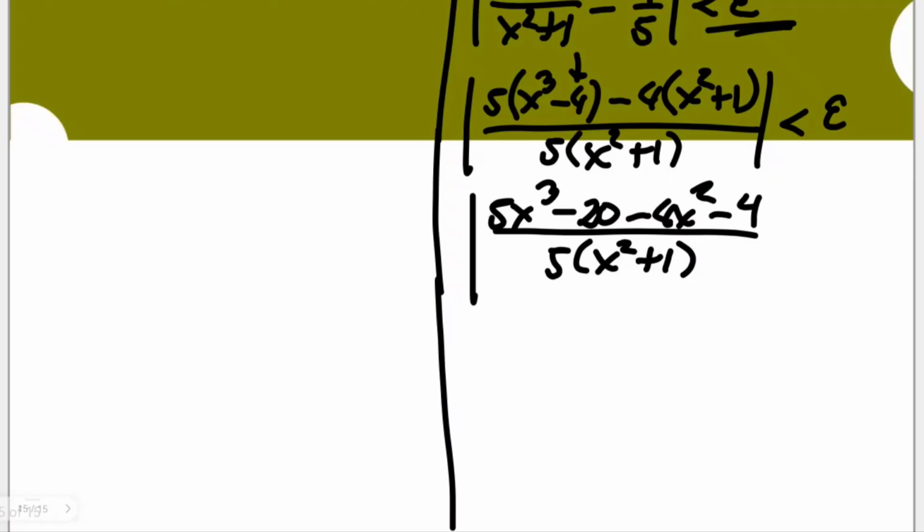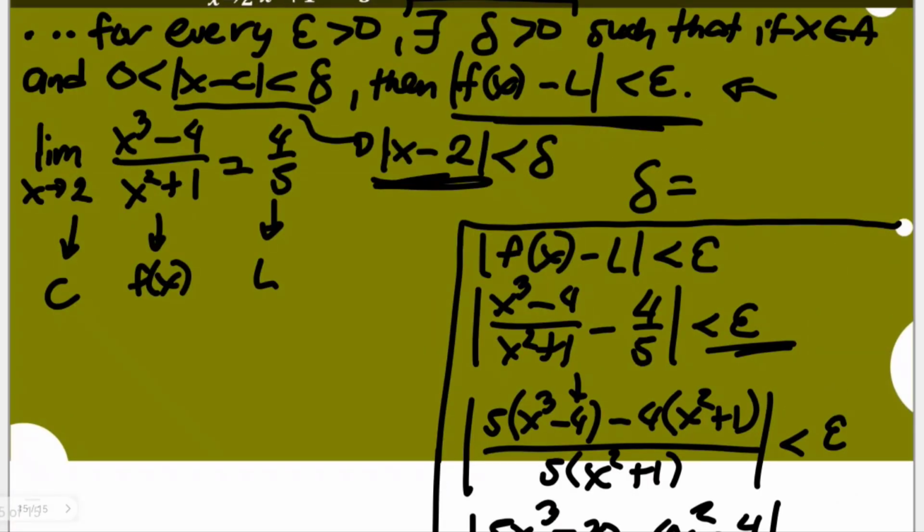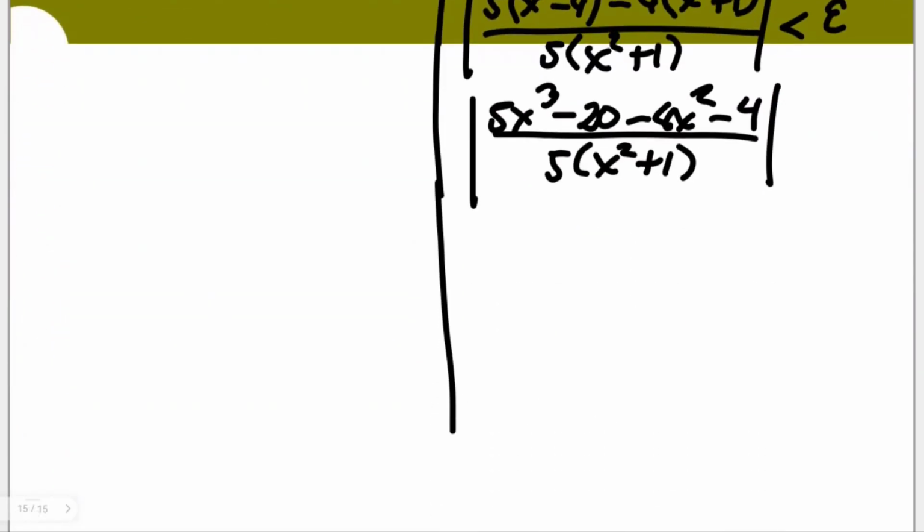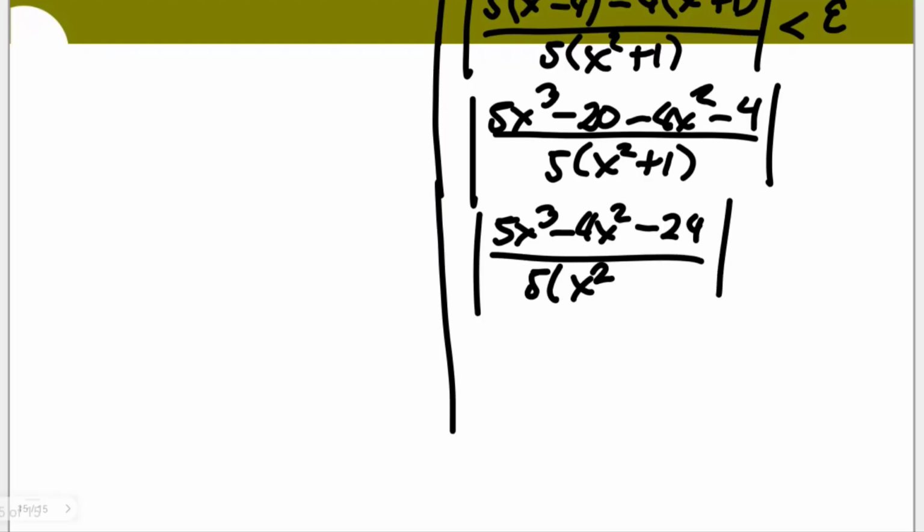So we are going to simplify this further, and our goal is to really come up with x minus 2. Hopefully we could come up with x minus 2 later. So what happens here is our numerator will have 5x cubed minus 4x squared minus 24 all over 5 times x squared plus 1 here.